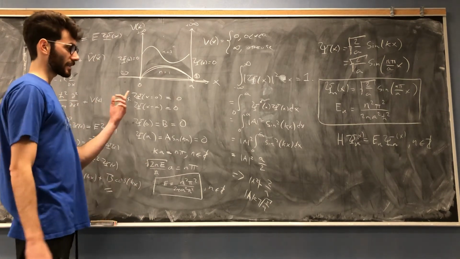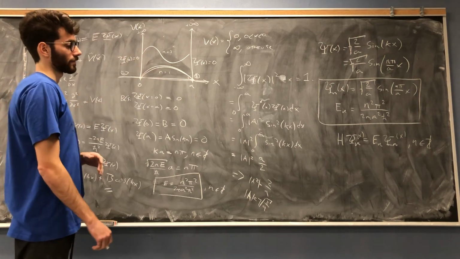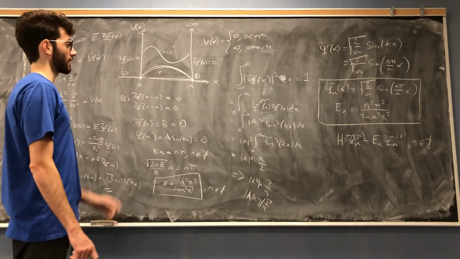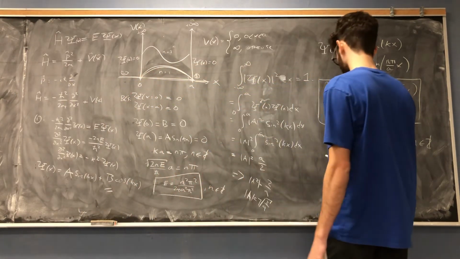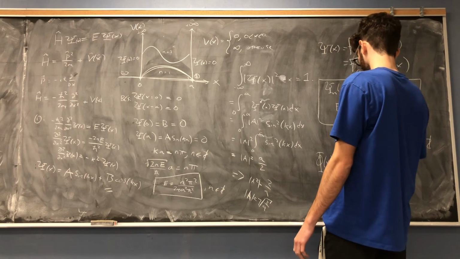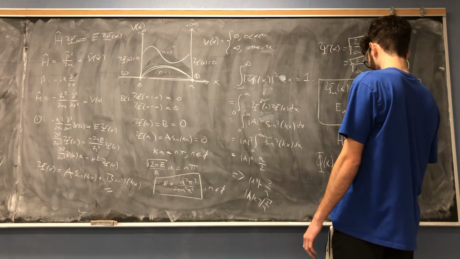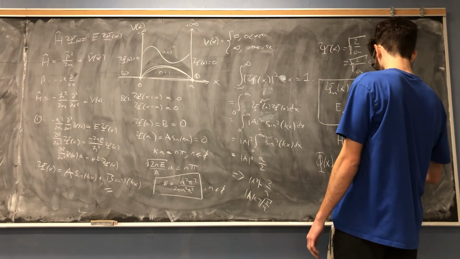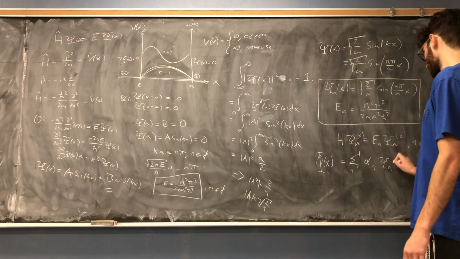And similarly, in this case, any general type of motion or wave function that we could think of could be constructed. Maybe I'll call this phi of x. It's constructed from some linear combination of these eigenmodes psi n of x.